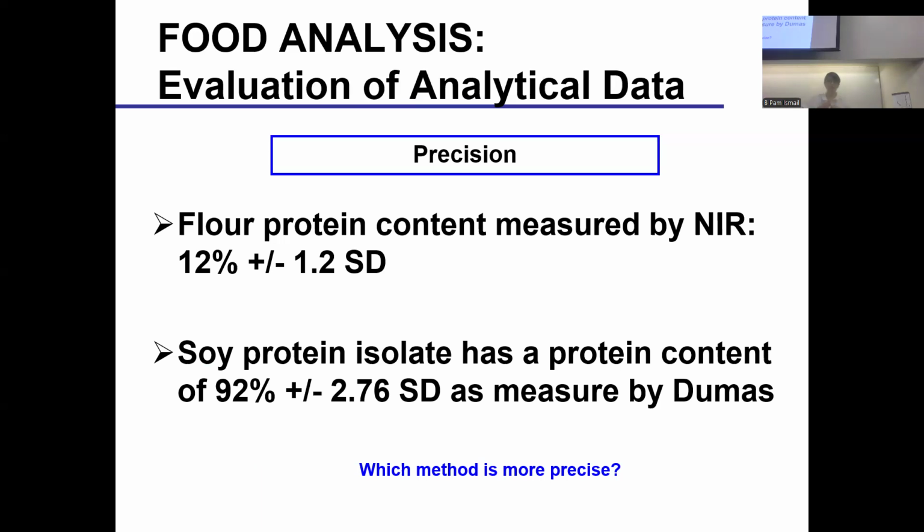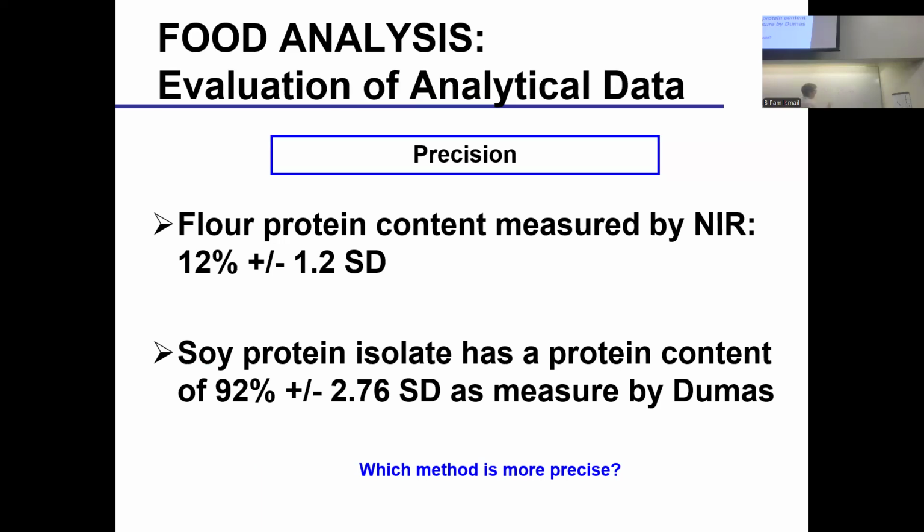So if I want to calculate coefficient of variation, I need to get percent coefficient of variation: standard deviation over the average times 100.